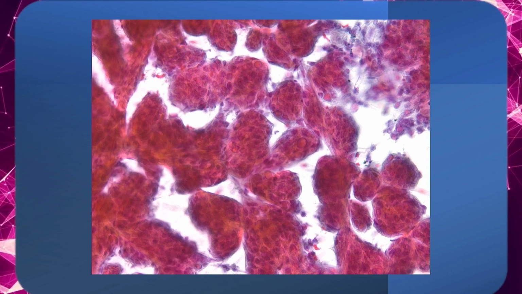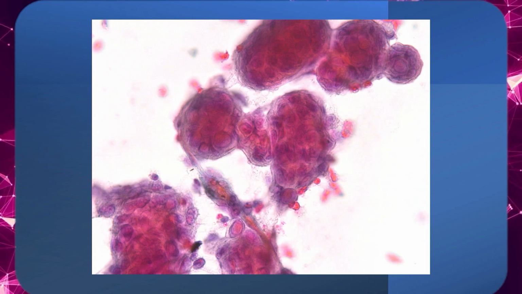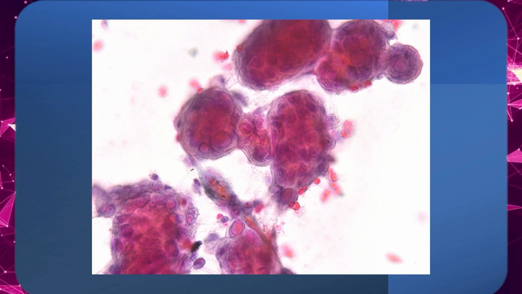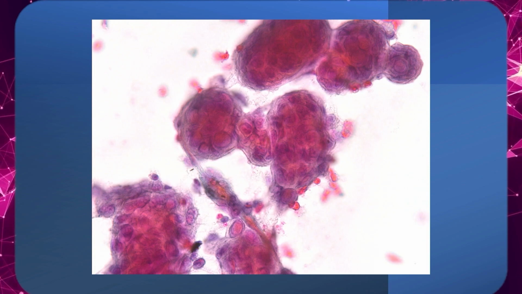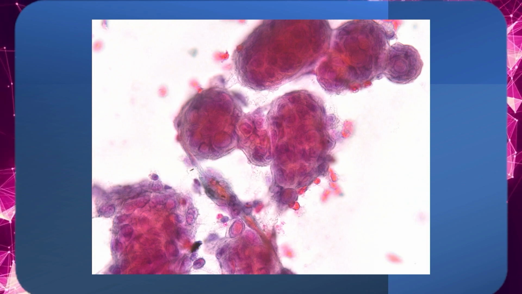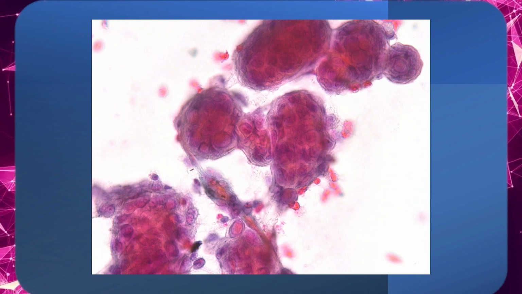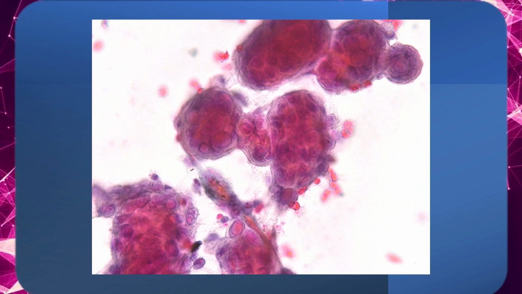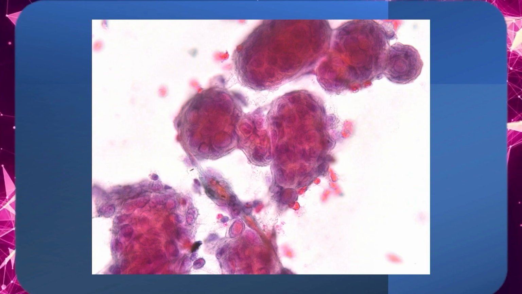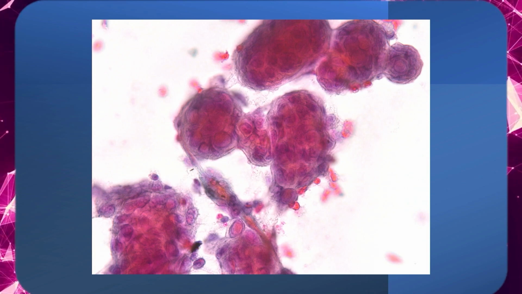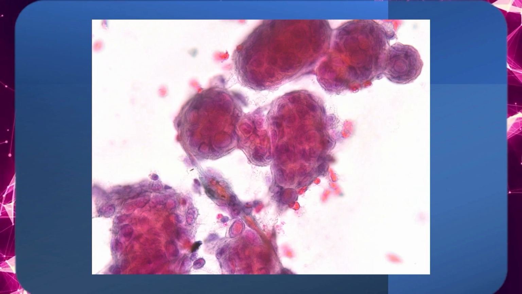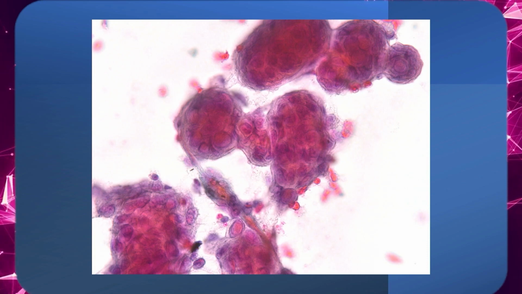More or enough? More? So what's going on? Staining artifact. Every nucleus has an inclusion. That can't happen. But papillary with intranuclear inclusions.